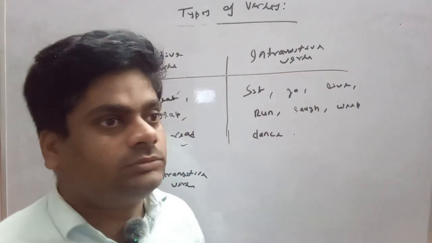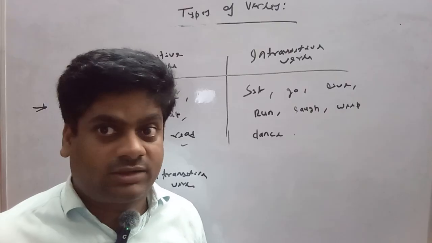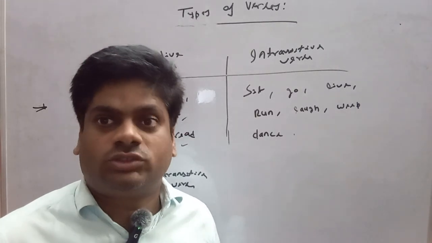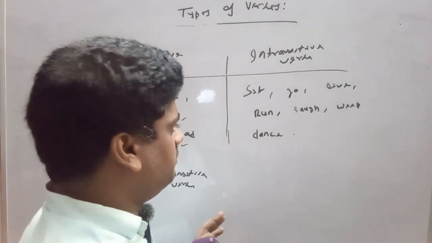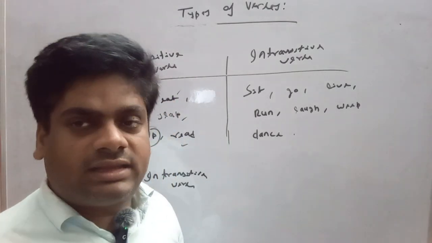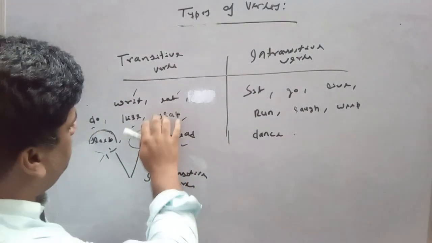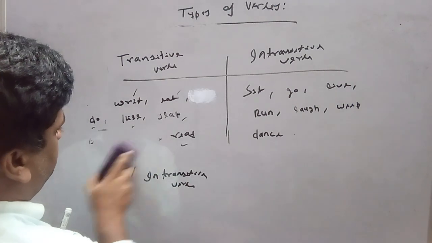Run. Although run is an action verb, it is not a transitive verb, it is an intransitive verb, because it doesn't have any type of object. It may exist alone in the lack of an object, but these transitive verbs cannot exist in the lack of an object in a sentence.